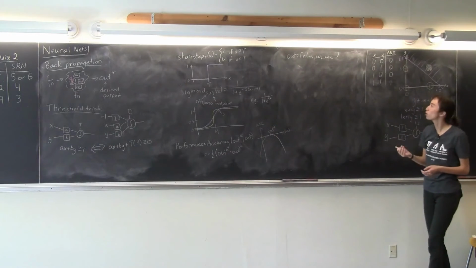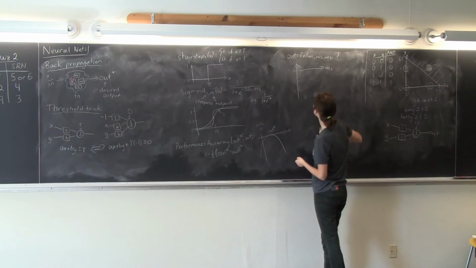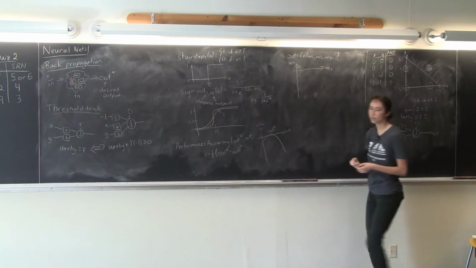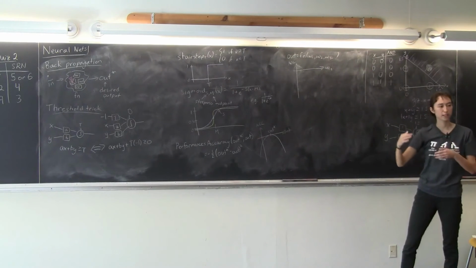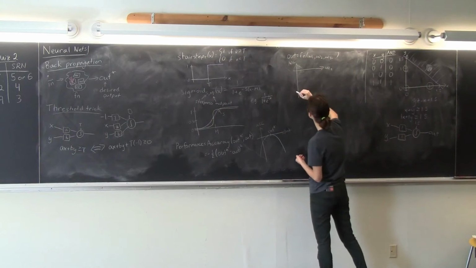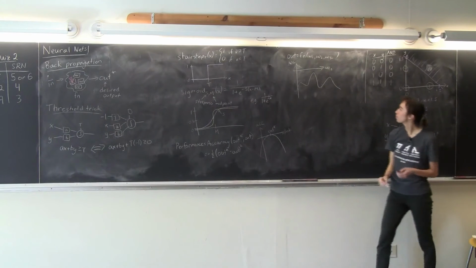But we can also look at those weights one at a time. If we just look at the accuracy with respect to one of the weights, say weight 1, then the accuracy might go up and down as we change the weight, depending on everything else that's happening in the neural net. So we might end up with some weird function like this sort of thing.